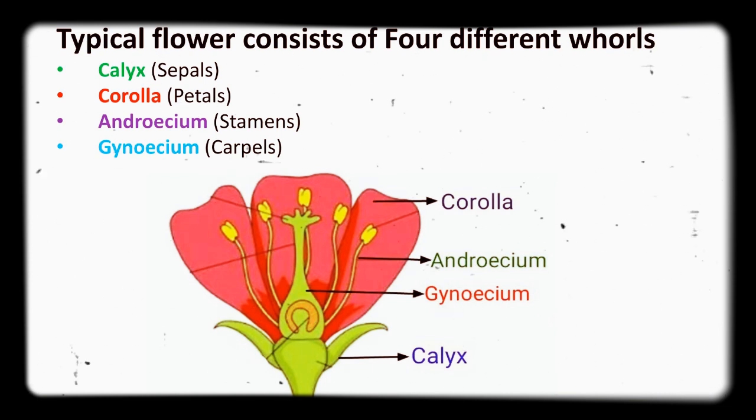The single unit of the calyx is called sepal, of the corolla is called petal, of the androecium is called stamen, and the single unit or member of the gynoecium is called carpel.